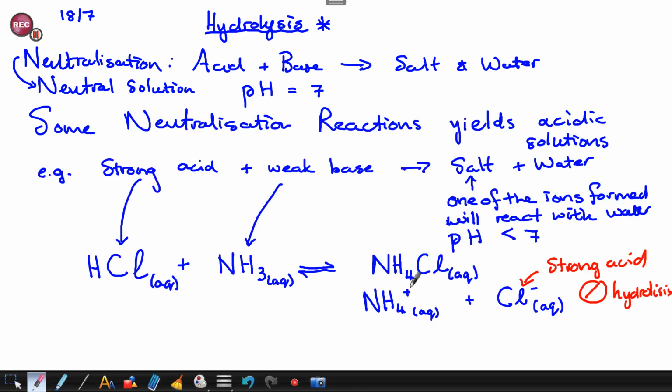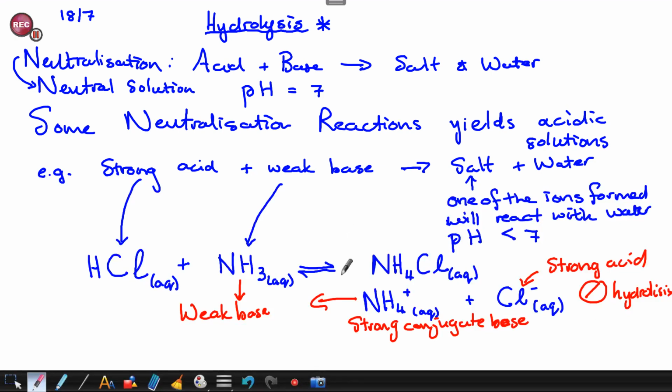But this one comes from a weak base. This weak base forms a what? What would this be? Strong conjugate base. And what is a base?